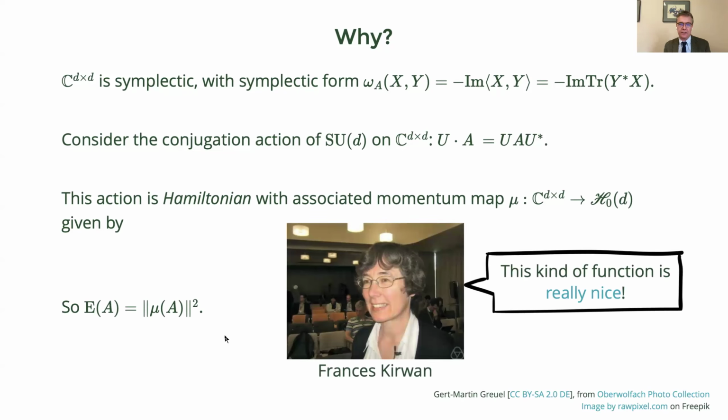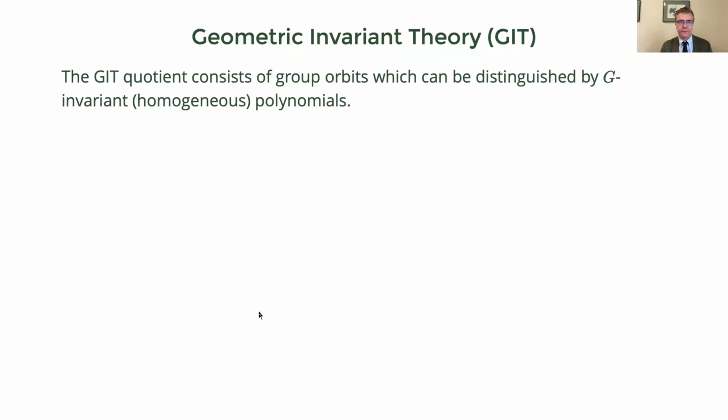So, Frances Kirwan did a lot of work in the 80s, and she wasn't the only one, but her results are really the ones that were inspirations for us, that this type of function, the squared norm of a moment map, tends to be a really nice kind of function. And so when you see it, you can expect lots of nice things to happen.